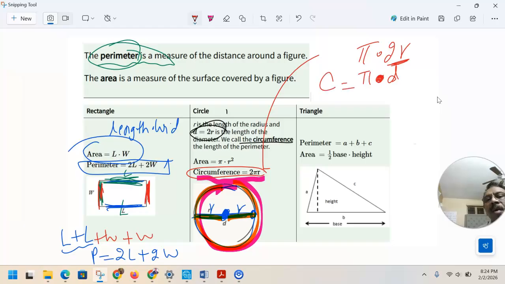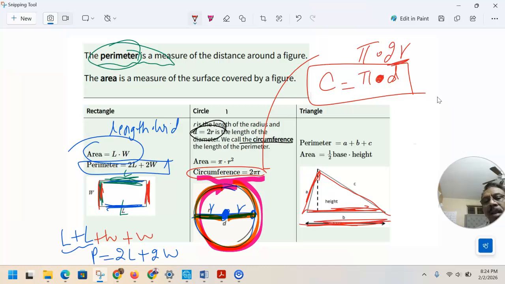So you can use this formula also directly. And for the triangle, this is the base, the distance. And how high the triangle is, is the height h. And that's why we have half b times the height. And perimeter is all the lengths adding around. So we'll take one example directly.